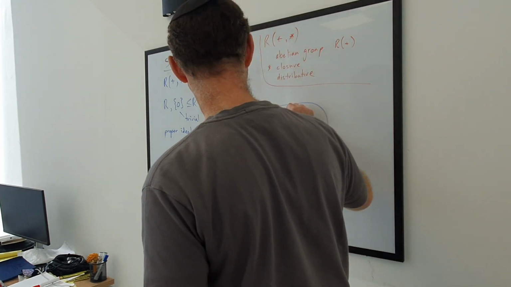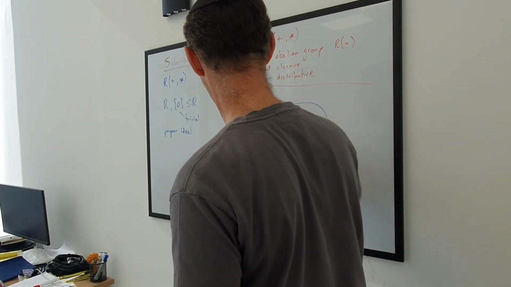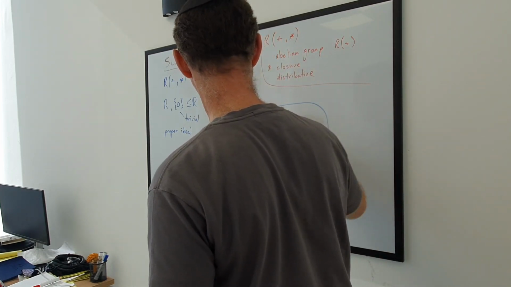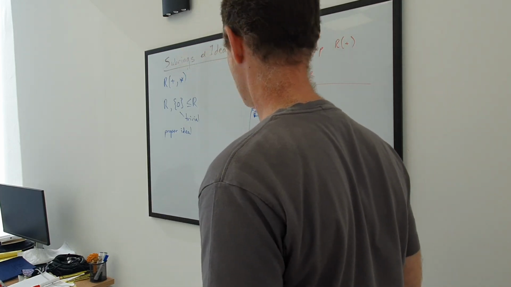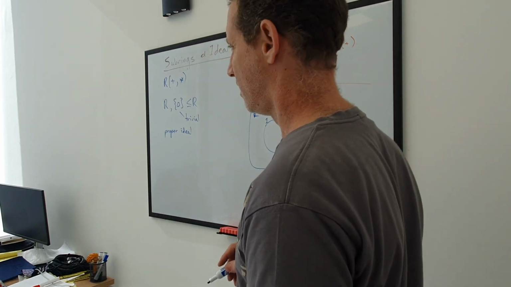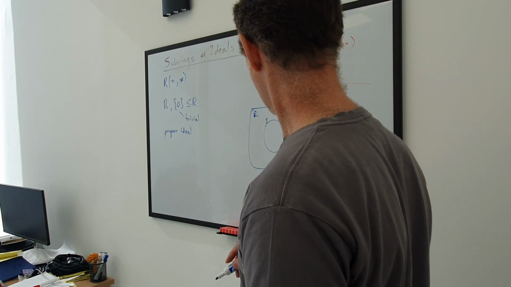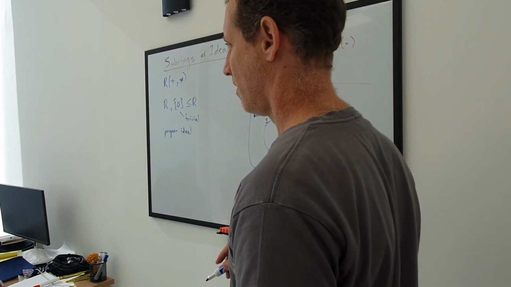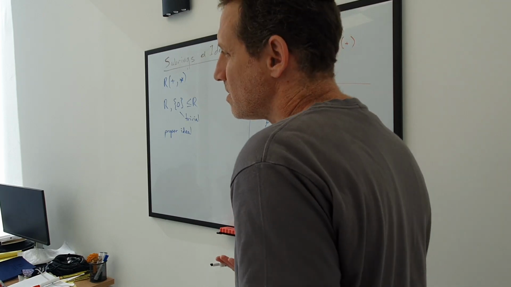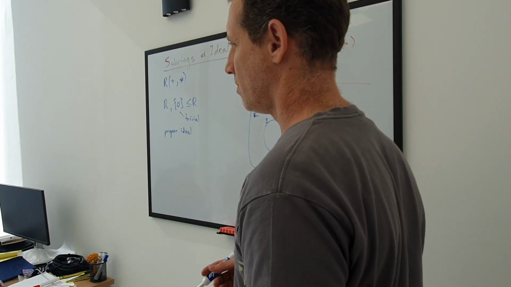So you can have a point here that's in R and not in I and not in J. That's the thing in rings, all the subrings actually have to intersect at the same point, because they're subgroups, so they have to.